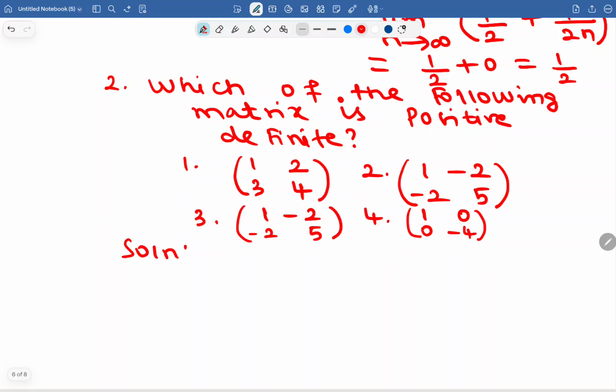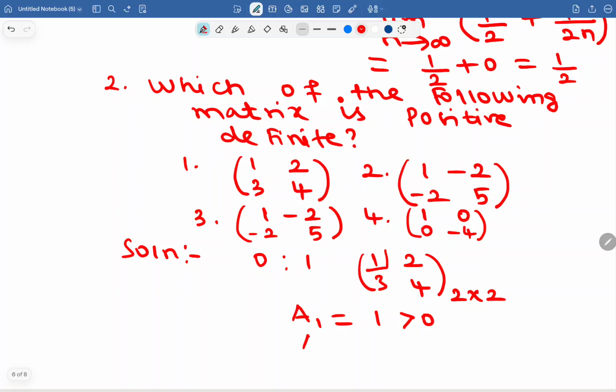Solution. Option 1, I am going to check whether this matrix is positive definite. What is option 1? 1 2 3 4. This is 2 cross 2. A1 is 1, which is greater than 0. A2 is the full 2 cross 2 matrix 1 2 3 4.